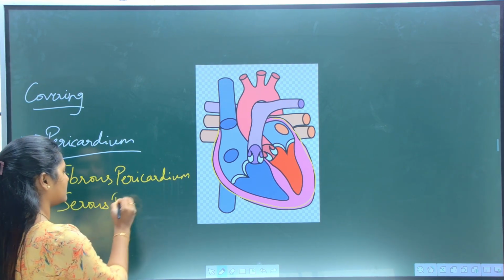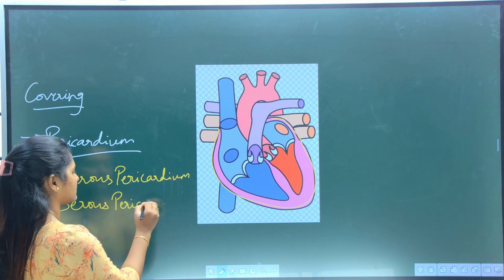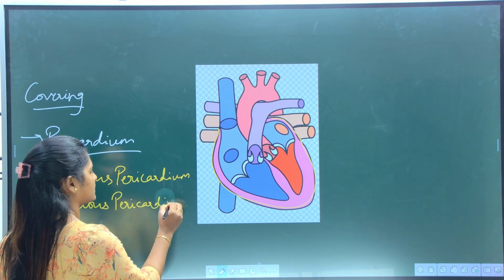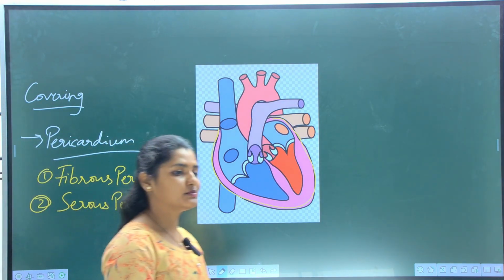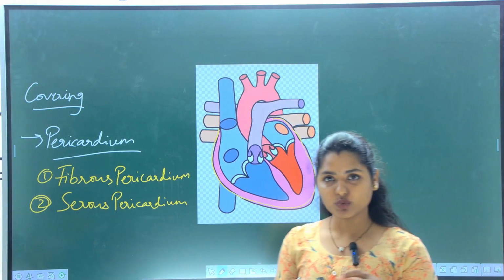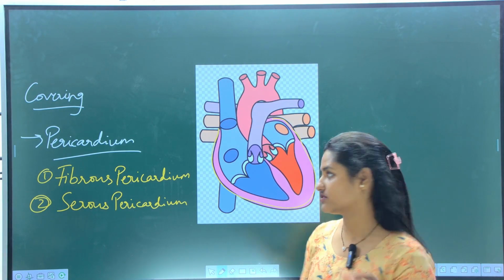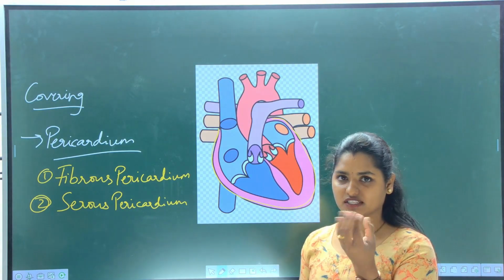Fibrous pericardium helps the heart to not get too stressed whenever the heart is beating.